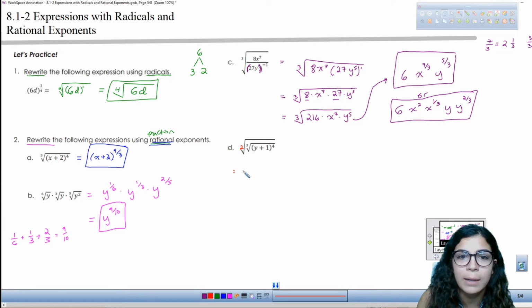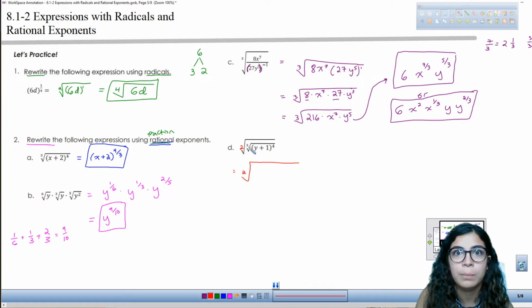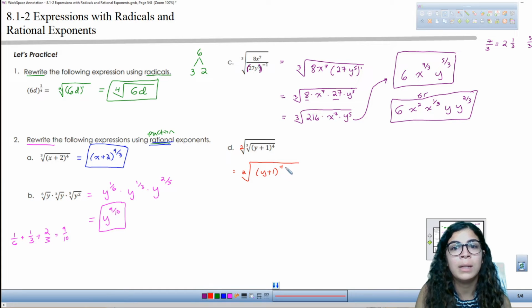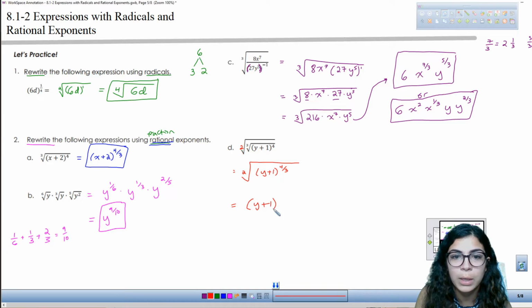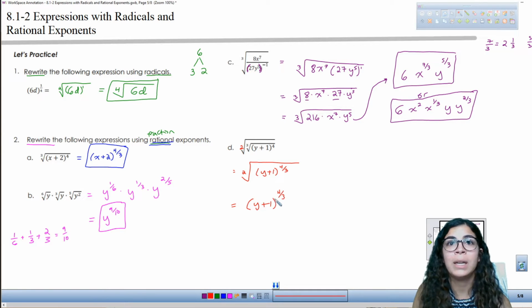So let's go ahead and first write the cube root. So we have what's inside, which is y plus 1 to the power of 4, and that was an index of 3, so that will go over 3. Then I have the square root of that. So I have the y plus 1, which was 4 divided by 3. And then we have an index of 2, right?